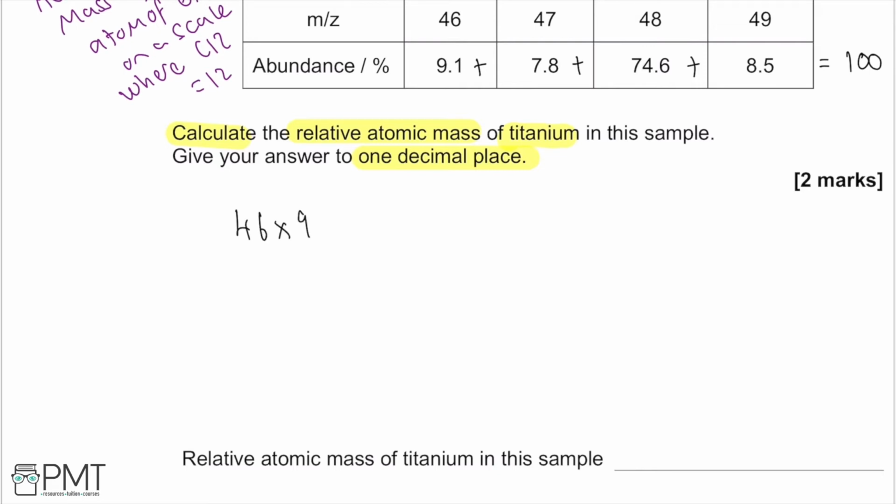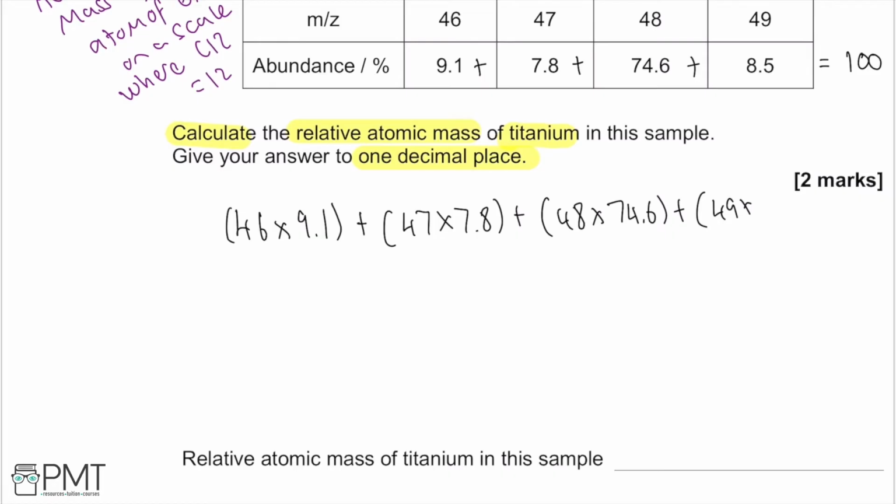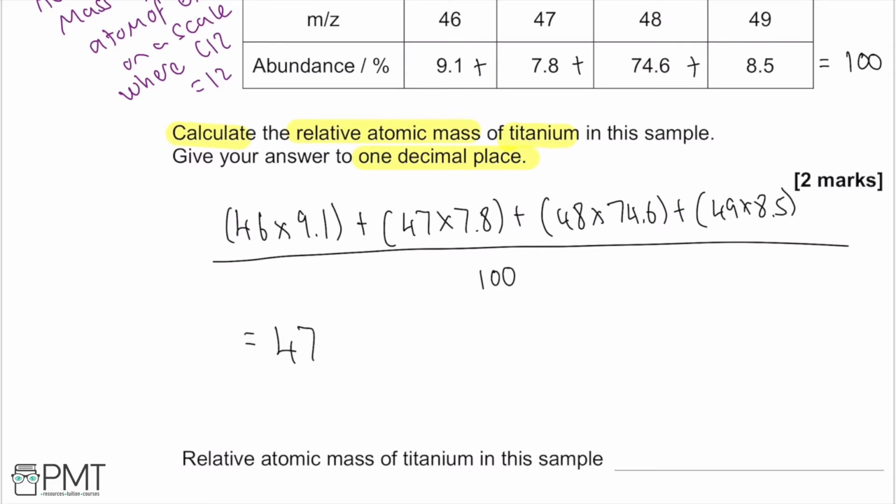So if we do 46 times 9.1 plus 47 times 7.8 plus 48 times 74.6 plus 49 times 8.5, and then all of that divided by 100, we should get a value to 1 decimal place of 47.8.